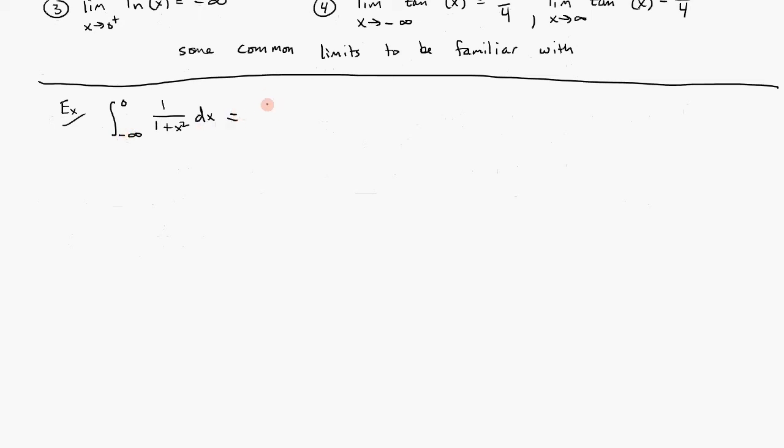So we set up the proper limit. So this can be the limit as a goes to minus infinity of the integral from a to 0 of 1 over 1 plus x squared dx. Okay, so now we evaluate the integral first, and then we take the limit.